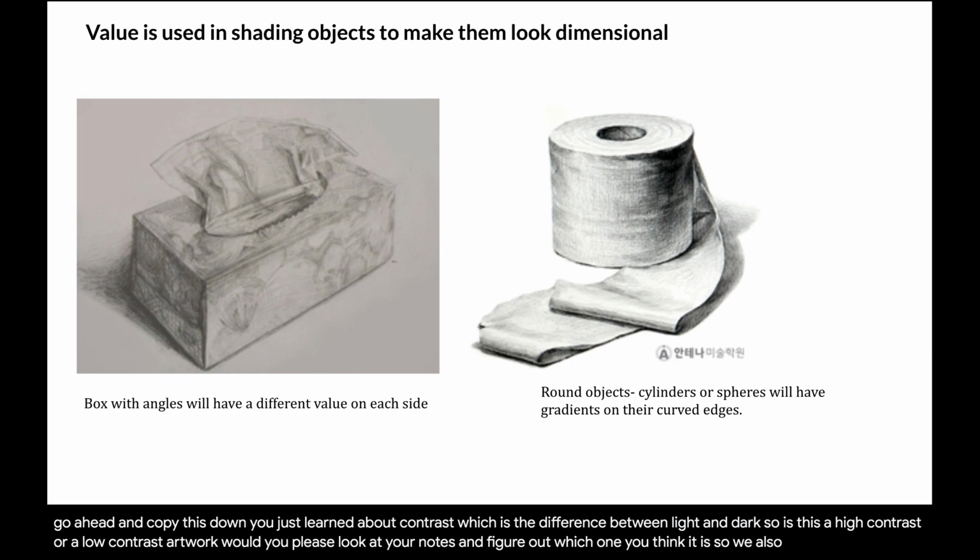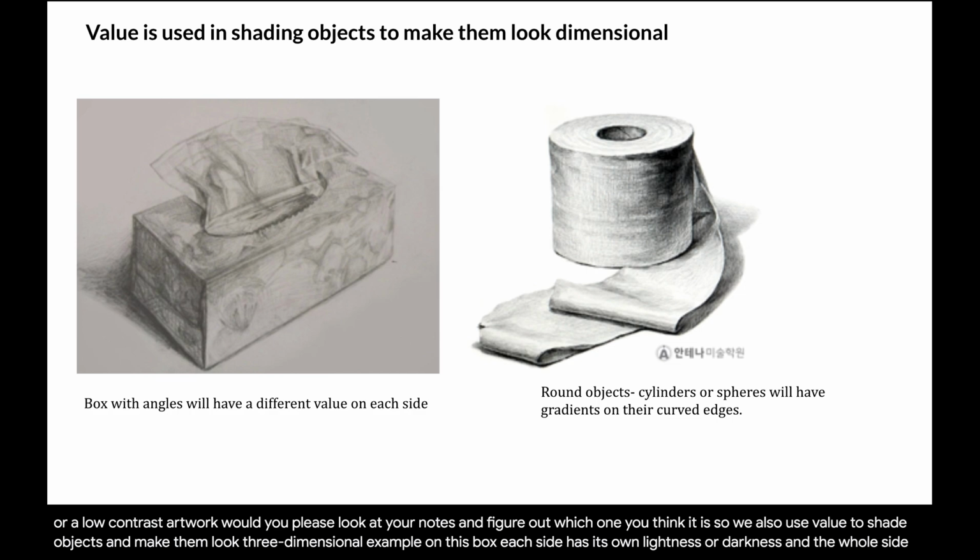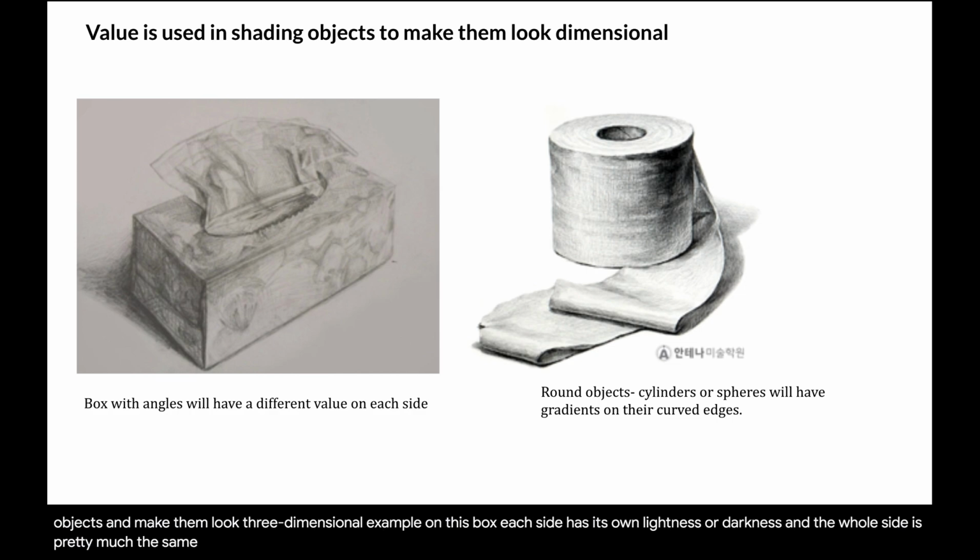So we also use value to shade objects and make them look three-dimensional. So for example, on this box, each side has its own lightness or darkness, and the whole side is pretty much the same. So usually on a box or a cube, there will be 3 different values on the 3 sides we can see.